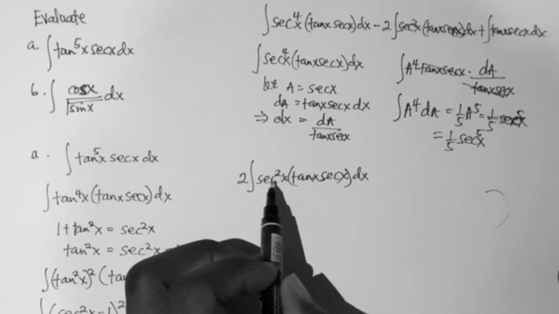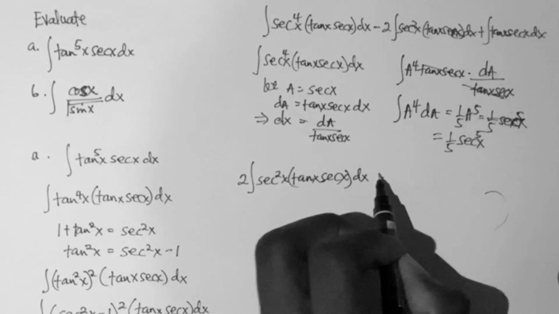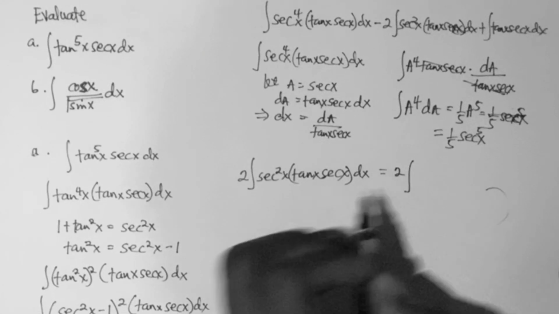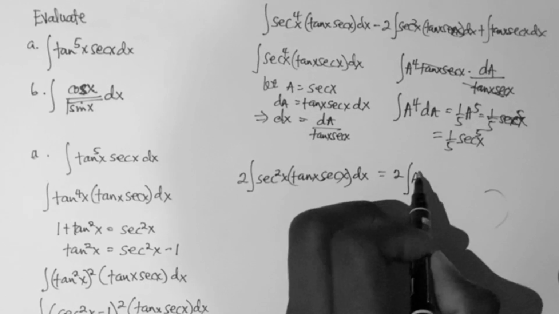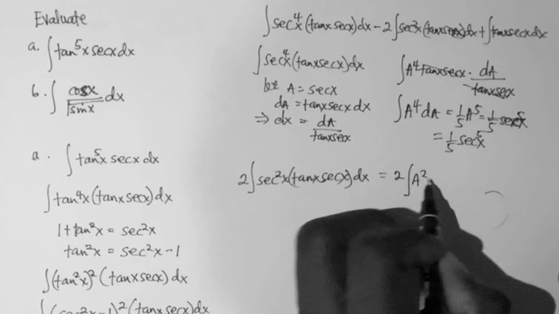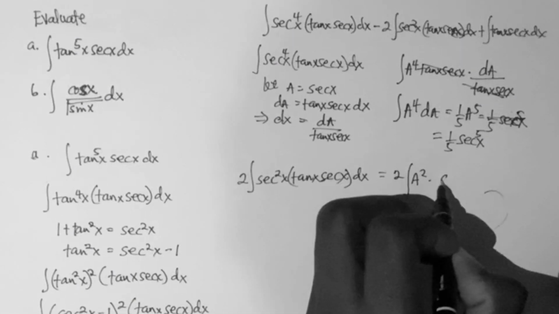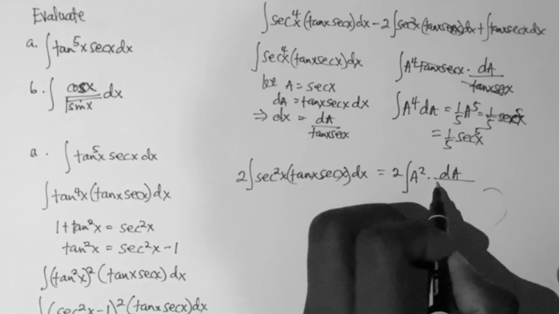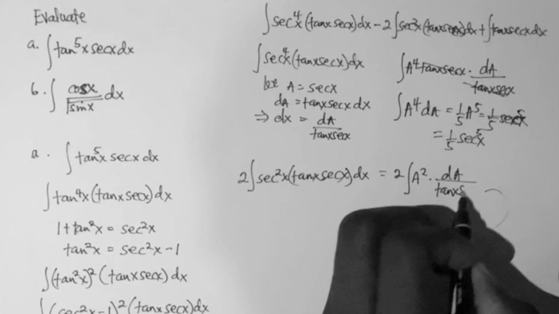So we've already done it here. So this will be 2 integral of sec squared x becomes a squared using the substitution that we did here. And then times dx, and then dx is da divided by tan x sec x.